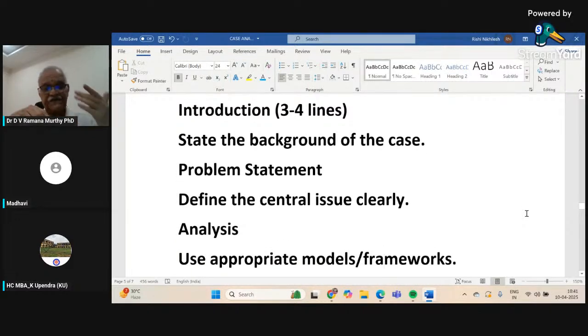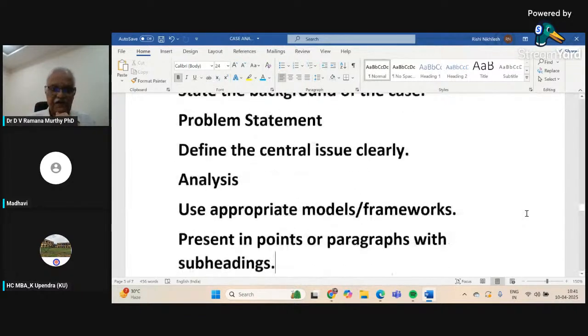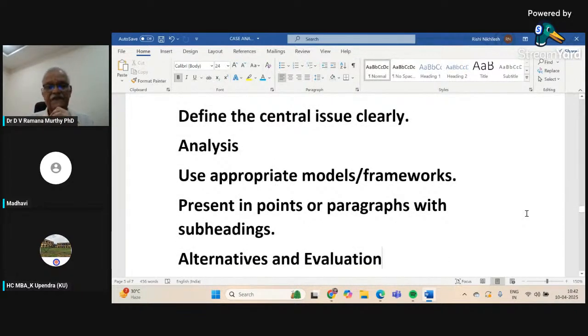And then, of course, analysis comes next. What is the basis for your recommendation? How can you convince the top management that this is the problem and this is the solution that is suggested? Present your analysis. Then use appropriate models and frameworks that are discussed. You can't rely on your own blind logic.